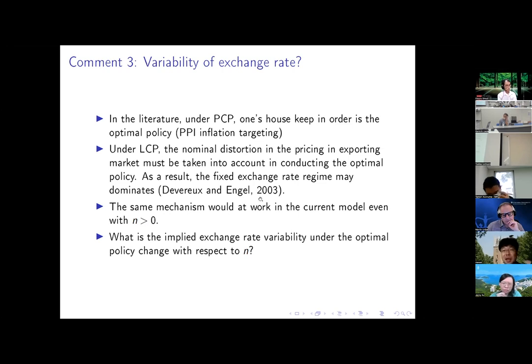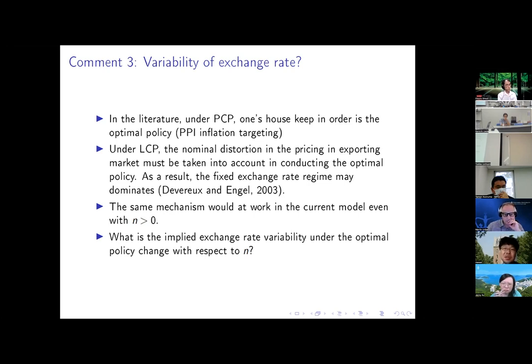And as Devereux and Engel showed, as a result of these further distortions, maybe a fixed exchange rate dominates the flexible exchange rate regimes. So the central banks in both countries try to limit somehow the fluctuation of the nominal exchange rate.